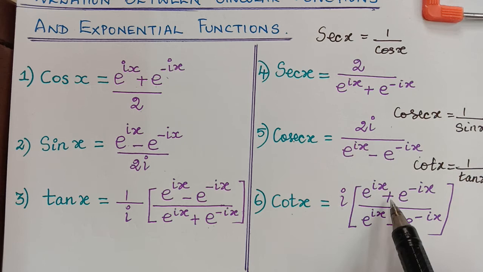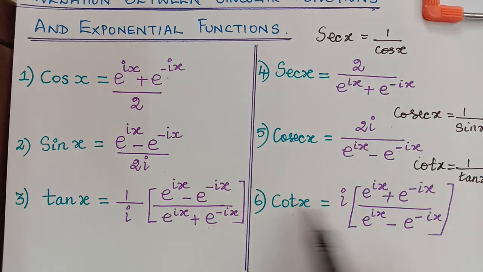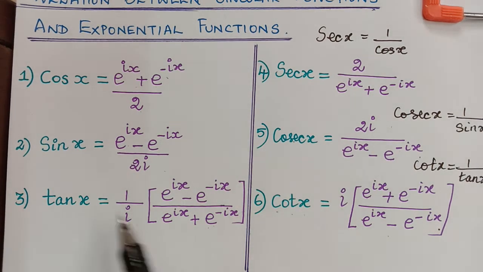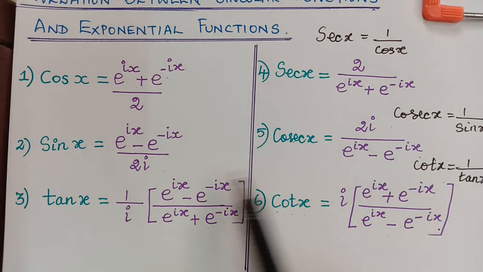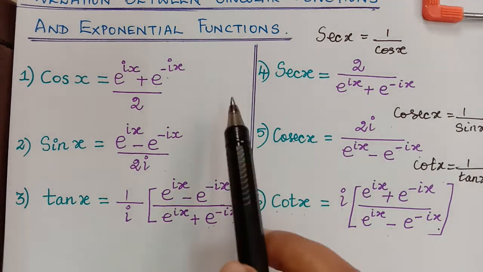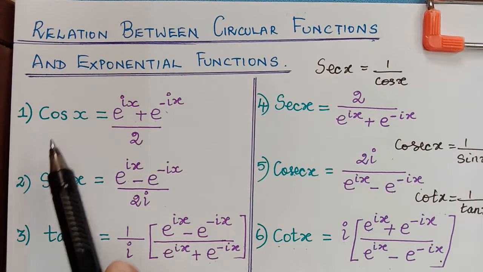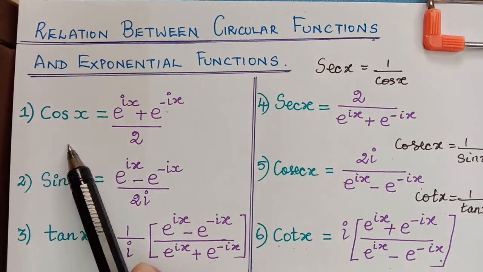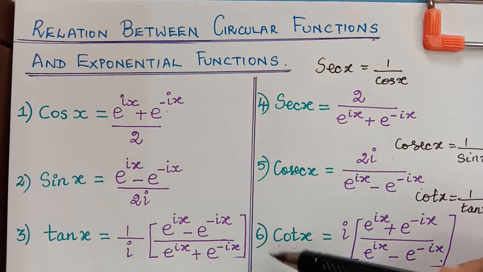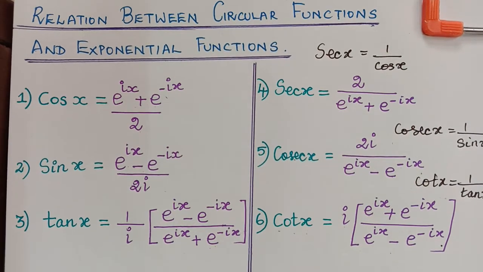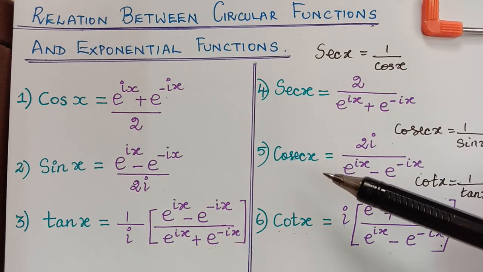So e power ix plus e power negative ix divided by e power ix minus e power negative ix, because cot x is the reciprocal of tan x. So this is how we have obtained the relation between the trigonometric terms, that is the circular functions, and the exponential function. So these formulas we have to remember.